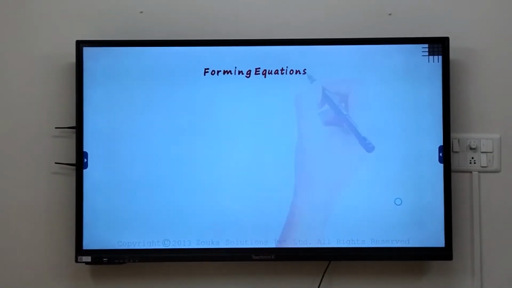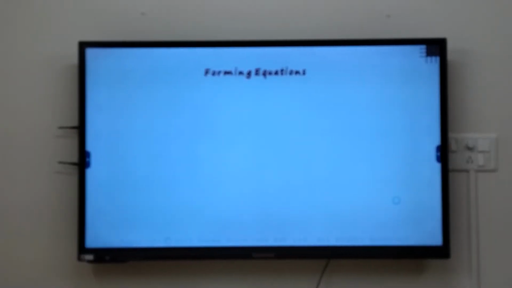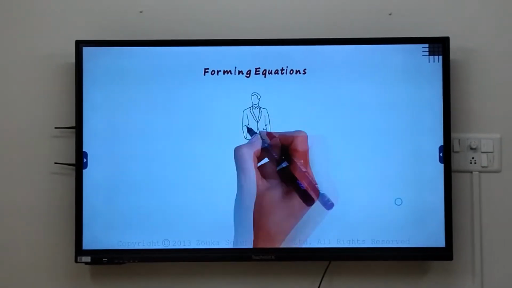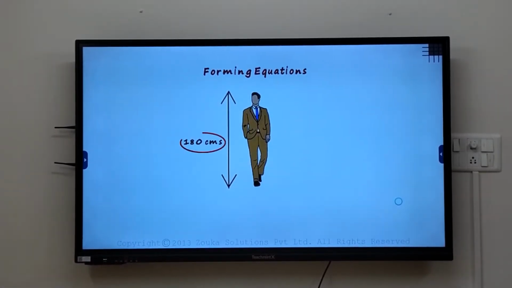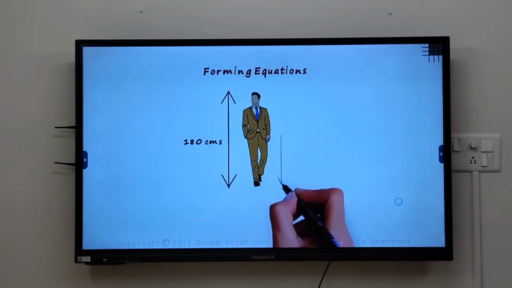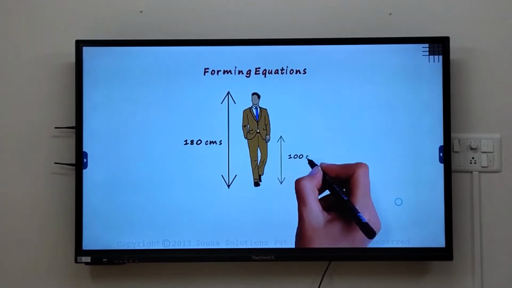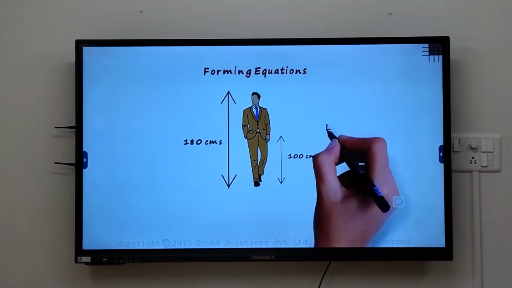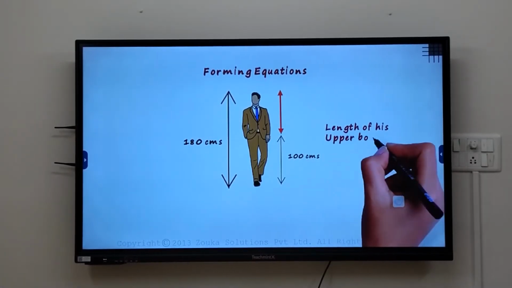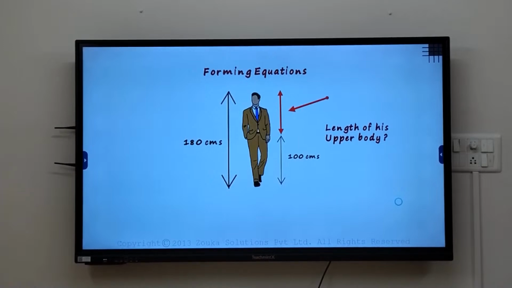In this video, we will see how we can form linear equations for a given word problem. It is one of the most important concepts in linear equations. This is John, and he is 180 centimeters tall. That's his height. The length of his lower body is 100 centimeters. So what will be the length of his upper body? We want to find out this length.